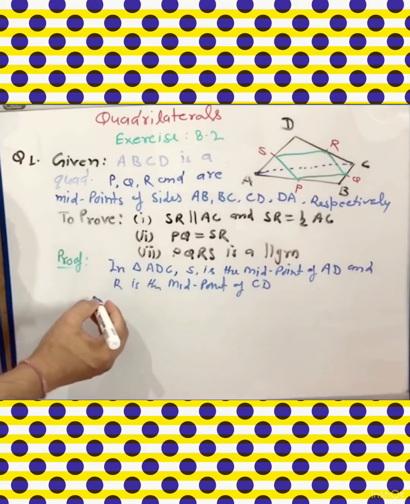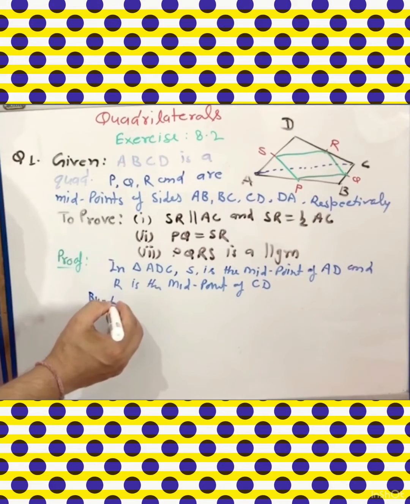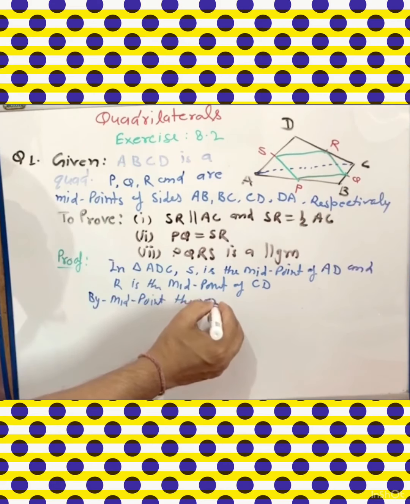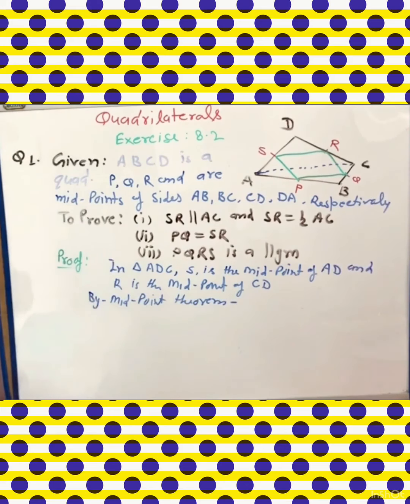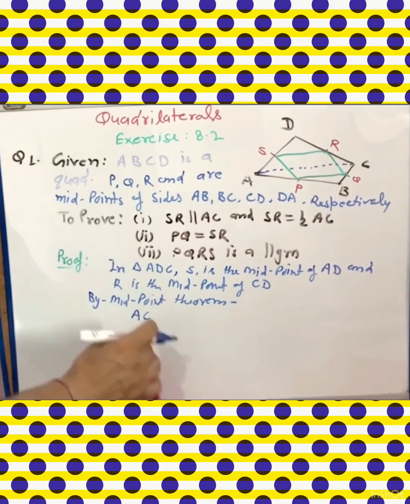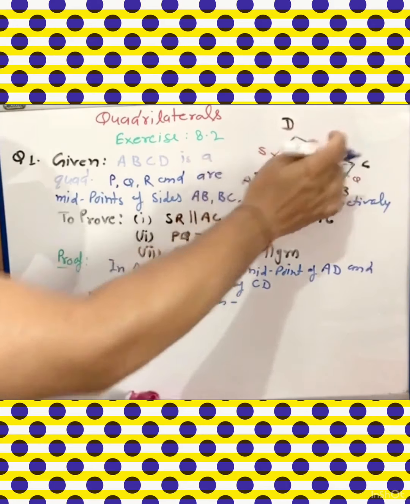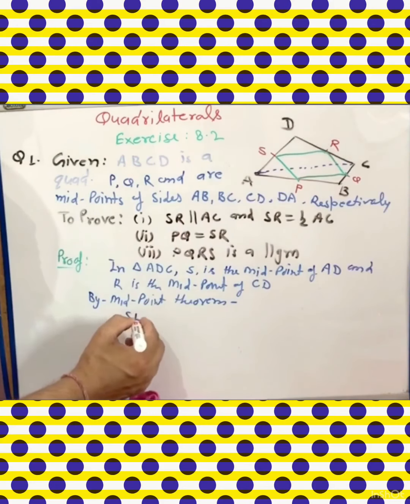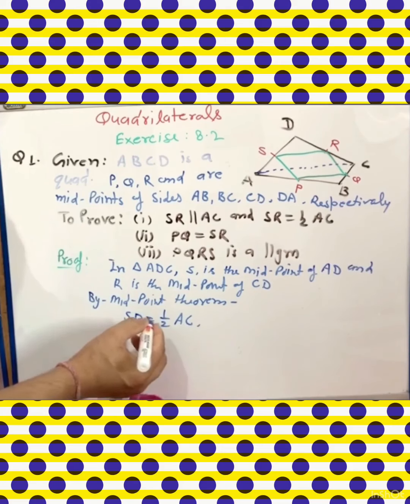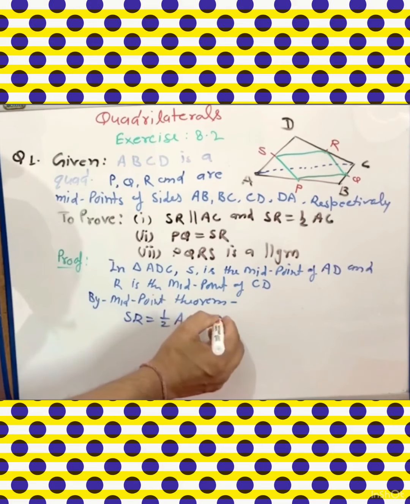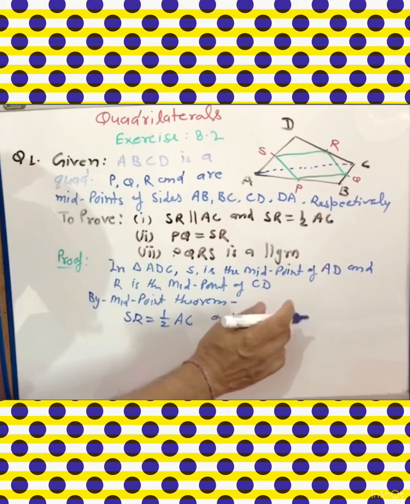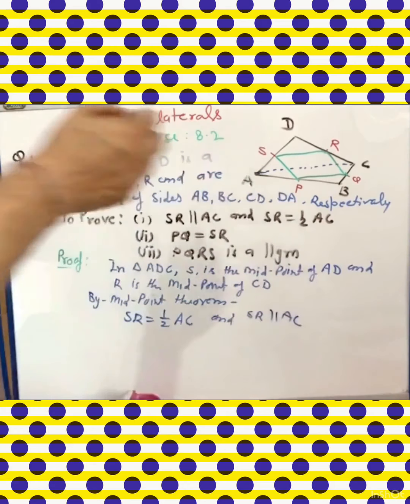So you can write here by midpoint theorem that SR is parallel to AC and SR equals half of AC. So this is the first part.